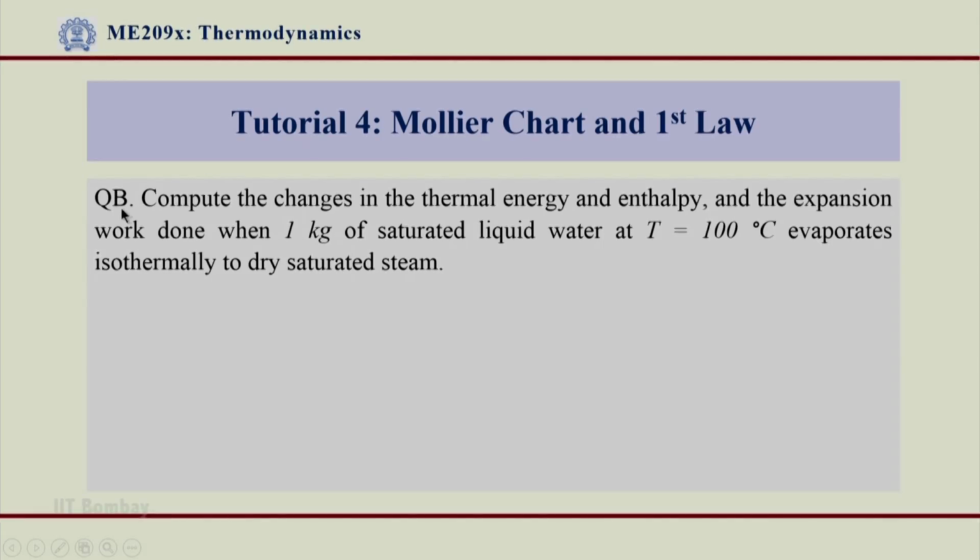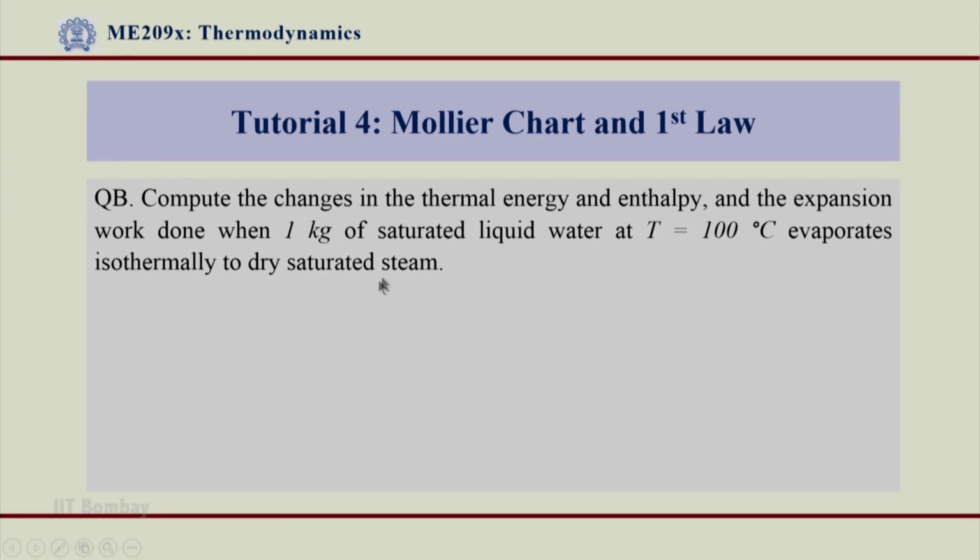So let us come to the problem. Question B says: compute the changes in the thermal energy and enthalpy and expansion work done when 1 kg of saturated liquid water at T equal to 100 degree centigrade evaporates isothermally to dry saturated steam.